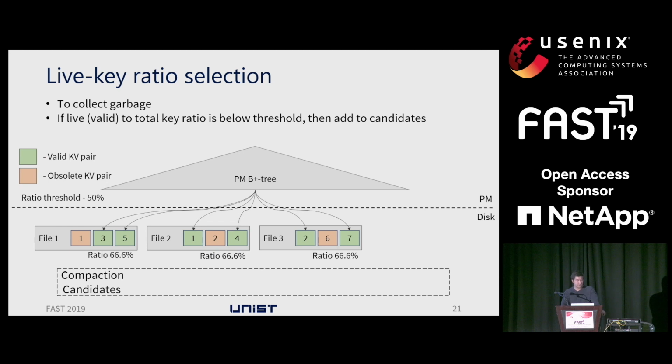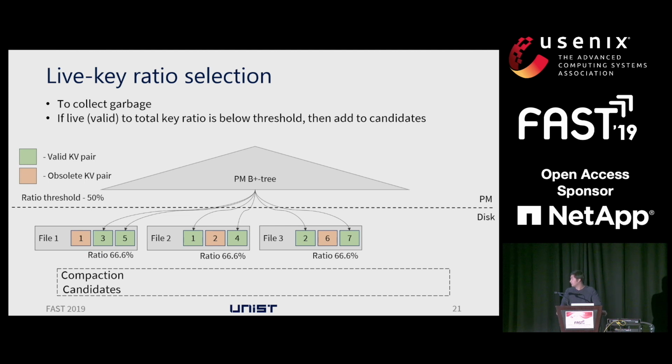So let's imagine that we have our persistent memtable, and we have our list of 3 files. For each file, we keep the live-to-total key ratio. As you can see, it's below each file.